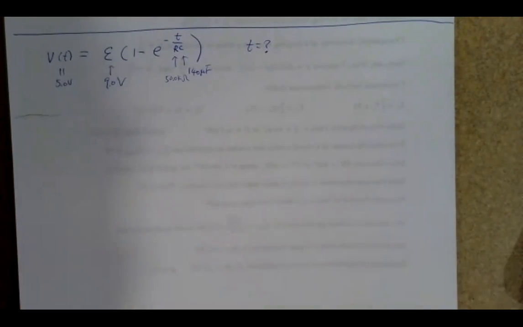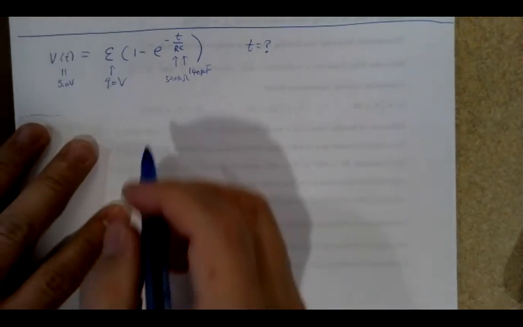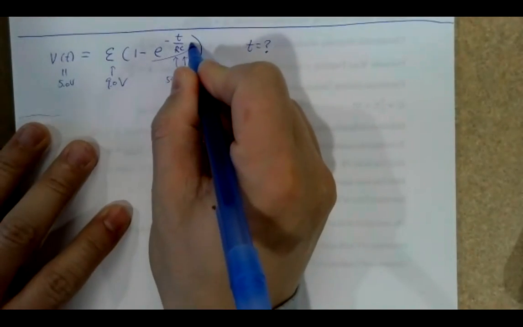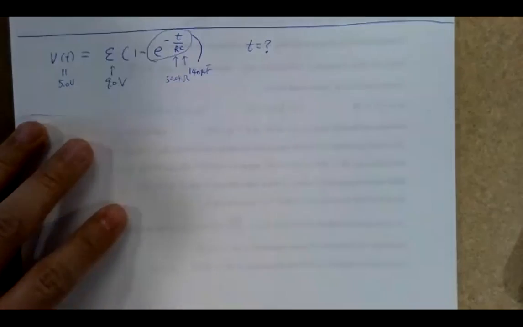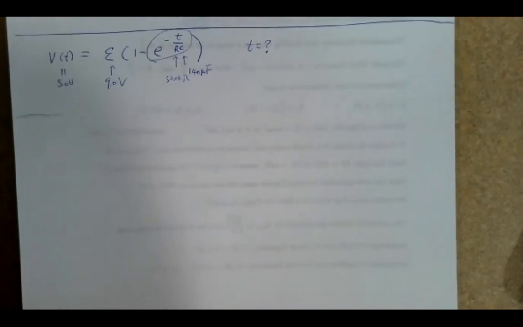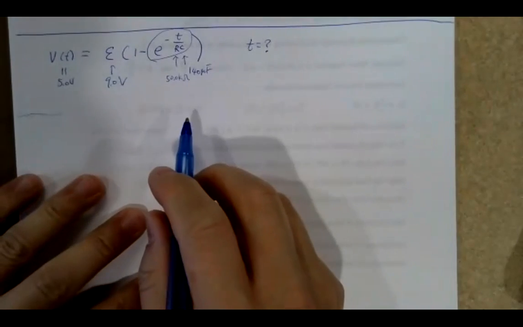All right, so let's see how to solve for t here. Your t is in this exponential function, so you first want to figure out the value of the exponential function.